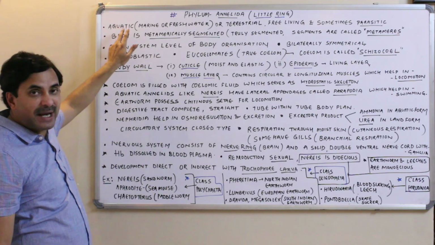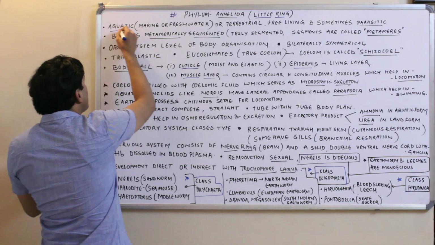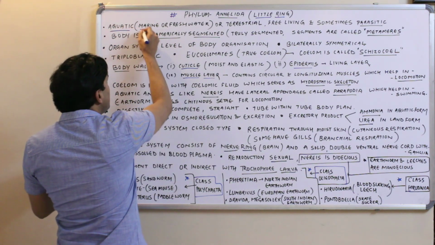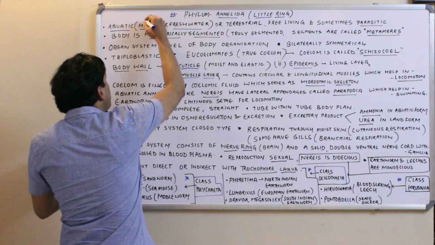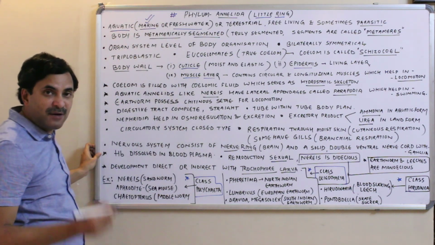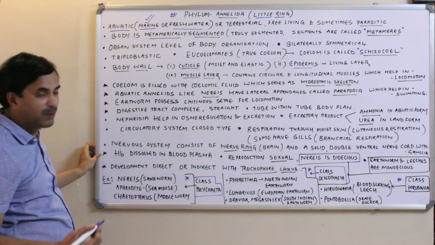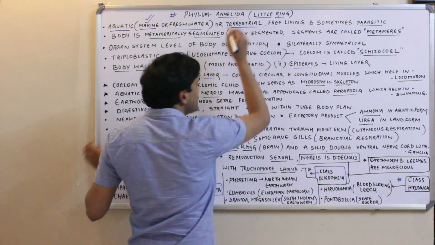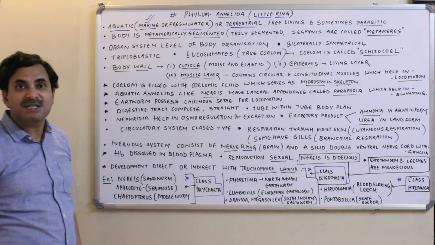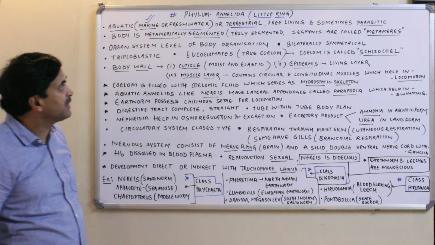Now, if I talk about the habitat, they are aquatic. They may be marine or freshwater. It has generally been seen that they are marine, but a few forms may be found in freshwater. A few forms are terrestrial, say the earthworm, which is found in moist or damp soil.